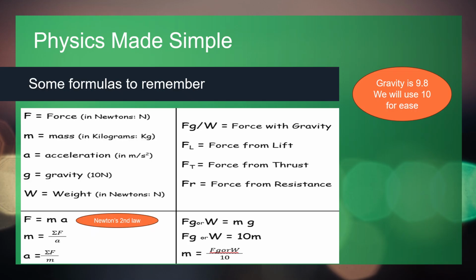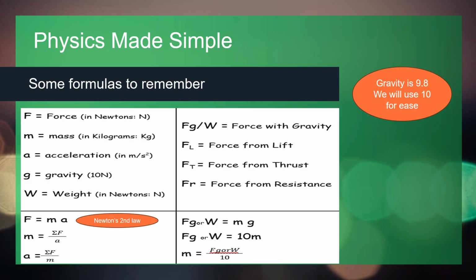For a formula for the net force, always remember that it's mass times acceleration, and we can move those around, and this is Newton's second law. Force of gravity or weight is mass times gravity. We just said that, and we always, like I said, are going to be using 10 newtons for that.